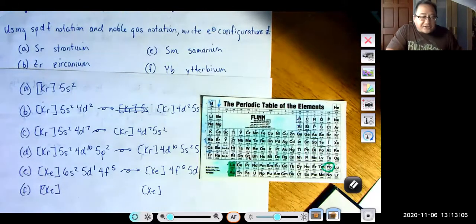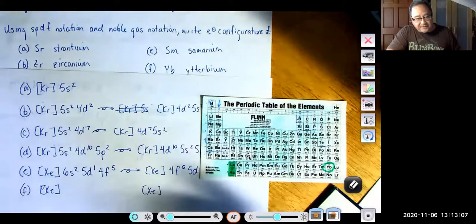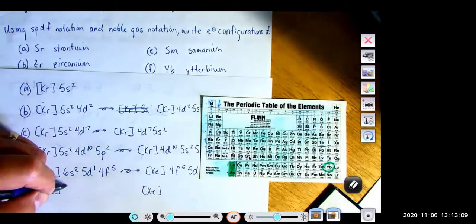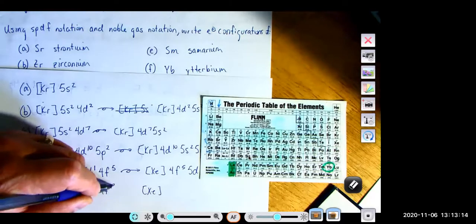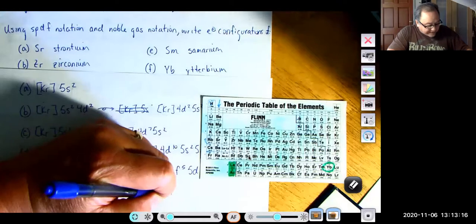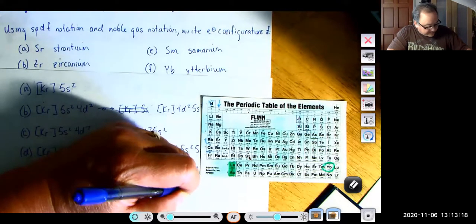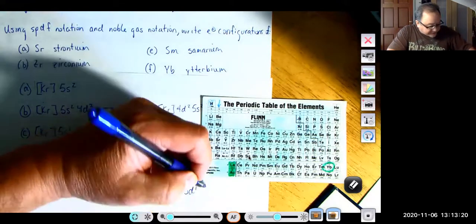That one's easy to pick as 13 because the last one is 14. Does that make sense? So 4f13, 5d1, 6s2.